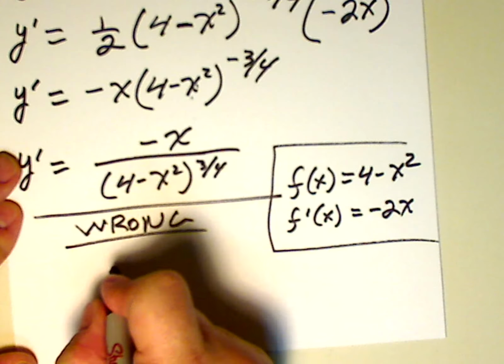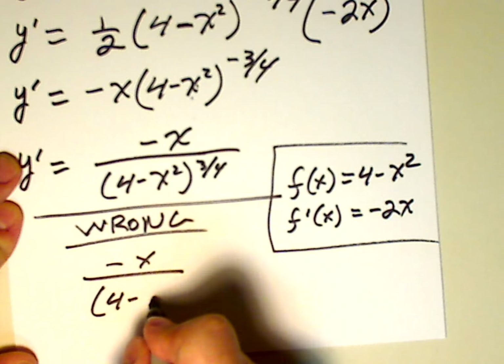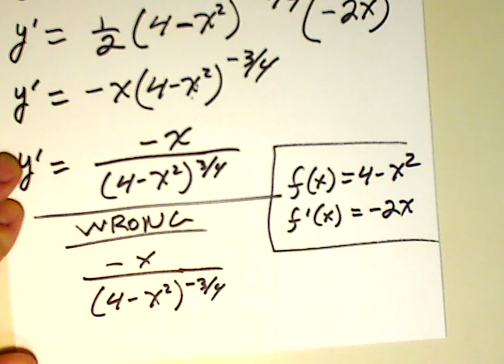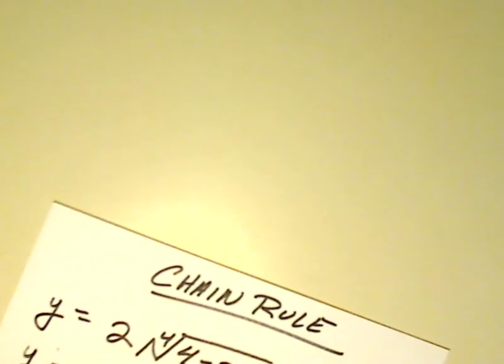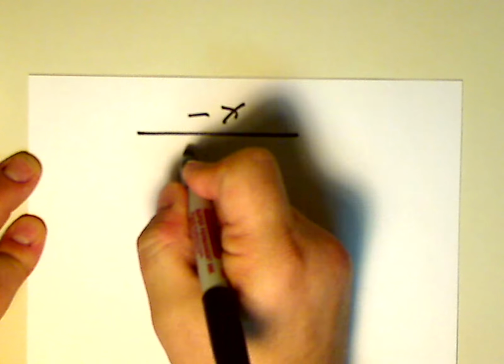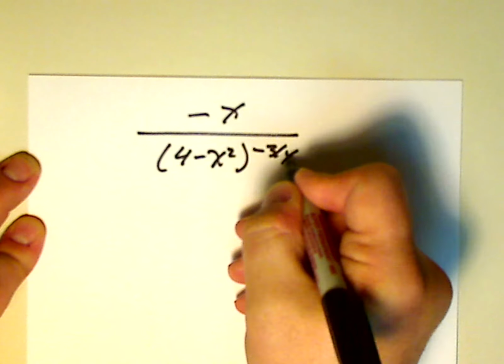If I were to write negative x over 4 minus x squared to the negative 3/4, I better write it on a separate piece of paper. I'm running out of room there. Let me rewrite it up here: negative x over 4 minus x squared to the negative 3/4.